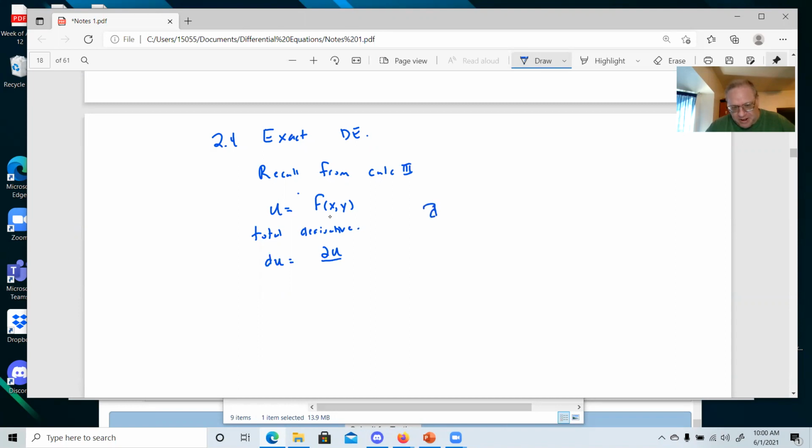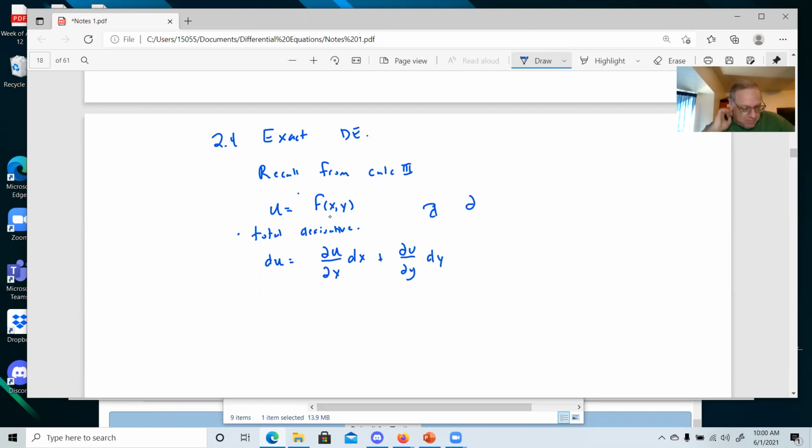That's a terrible d, but usually that's how I tend to write it. So it's almost a 2, but not quite. So the partial of u with respect to x, dx, plus the partial of u with respect to y, dy, that would be the total derivative.